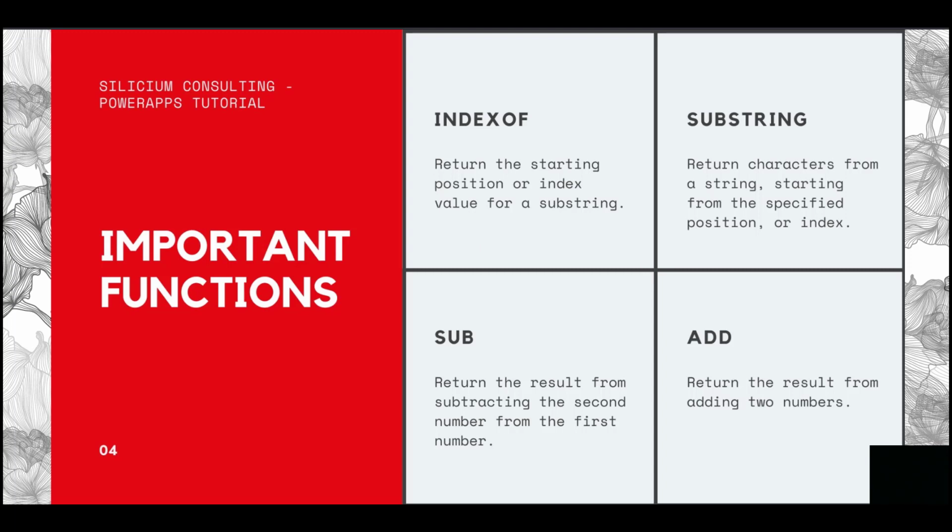We'll be using the substring. It actually returns the characters, so it's going to return the values of the particular parameters that we want to pass through to the flow. Subtract and add functions are also 2 important functions that we will be using in this tutorial.